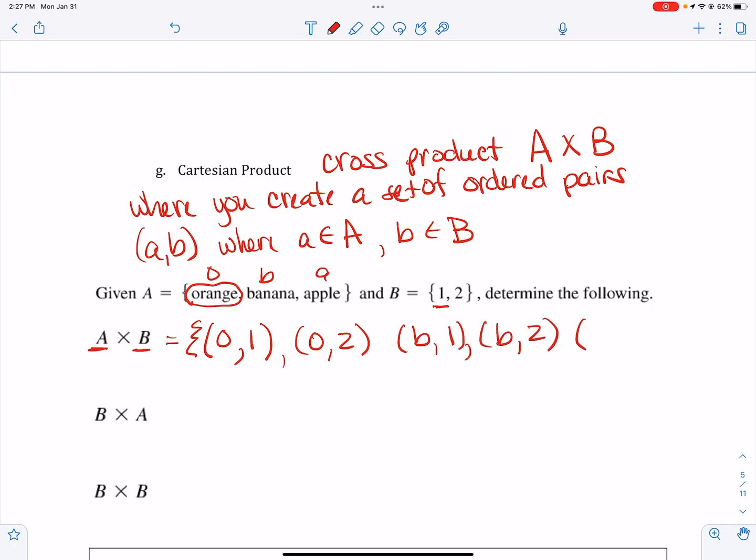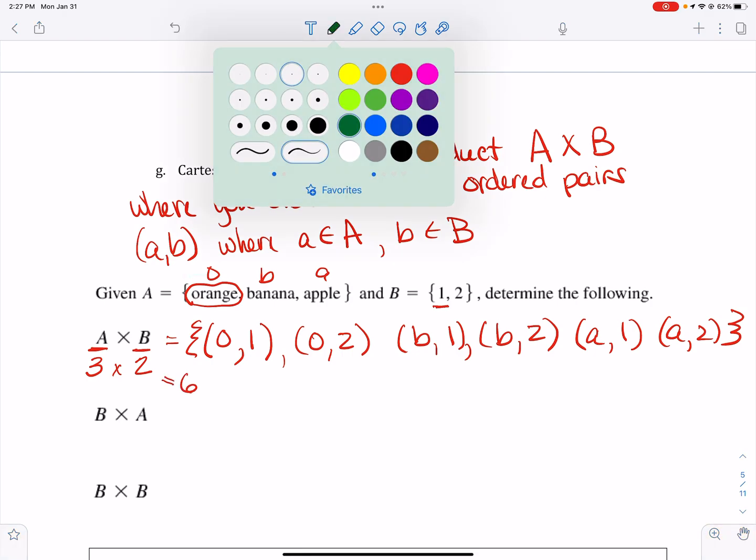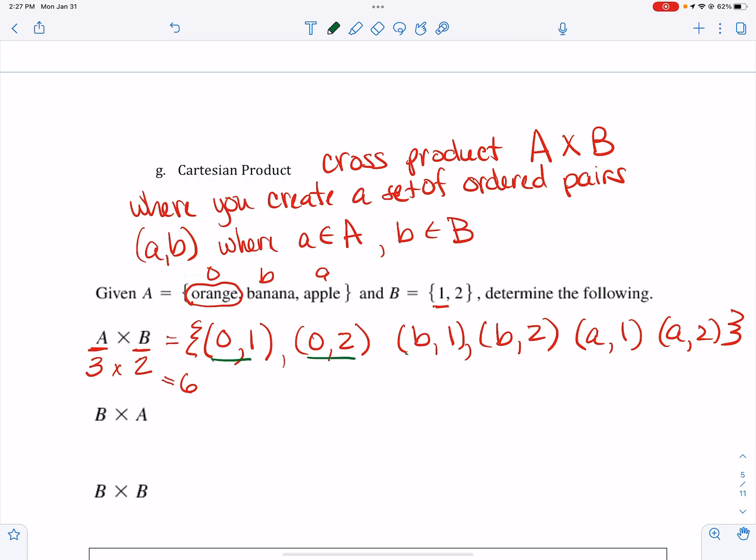And then I'm done with banana. Apple, 1, apple, 2. There are 3 elements in A and 2 elements in B. I should have 6 ordered pairs, and I do. 1, 2, 3, 4, 5, 6.